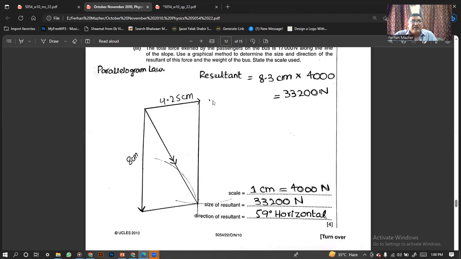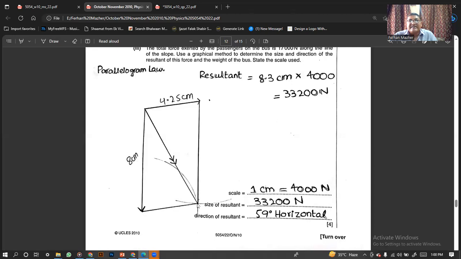So once you have drawn these two lines, their tails are joined here. So these are the two vectors whose resultant force you want to find out. Then you will open your compass to 4.25 centimeter. Put the needle of the compass here, draw this arc. Then open your compass to 8 centimeter. Put the compass needle here and draw this arc.